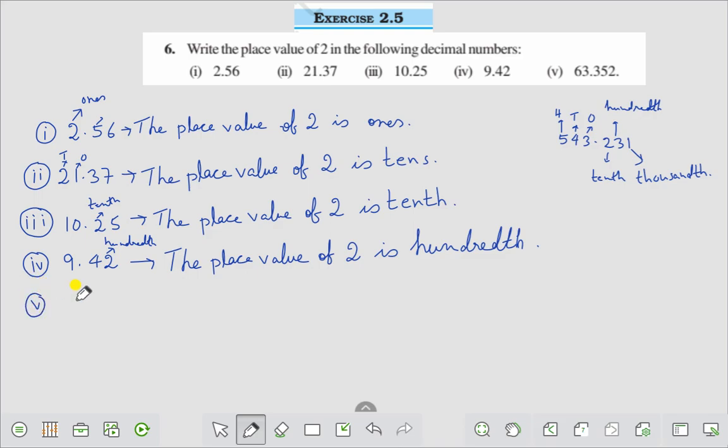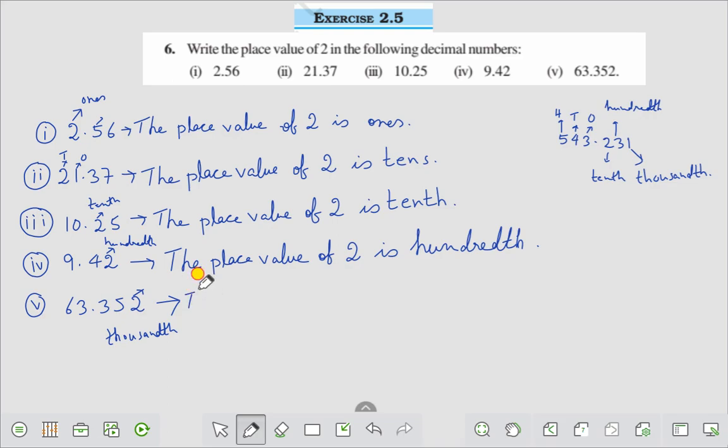Now question number 5 is 63.352. Here you see, the place value of 3 is ones place, this is tens place, the place value of this 3 is tenth, the place value of 5 is hundredth, and the place value of this 2 is thousandth, that is T H O U S A N D T H, right?